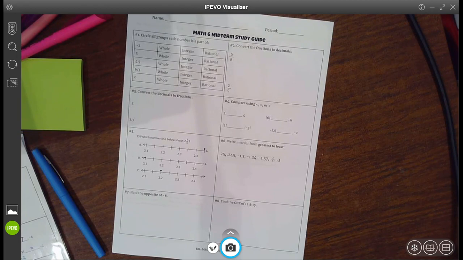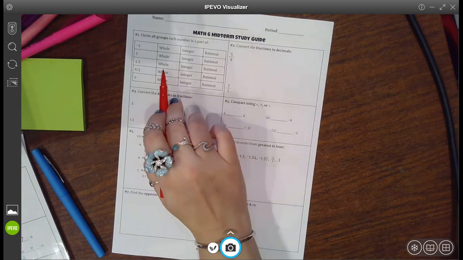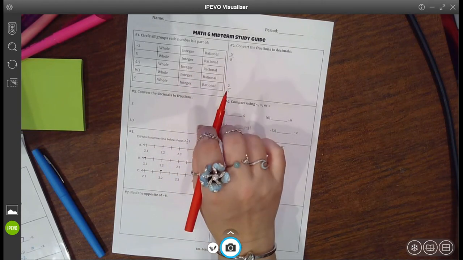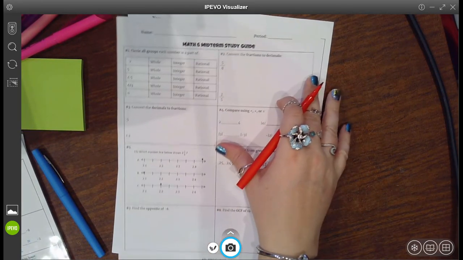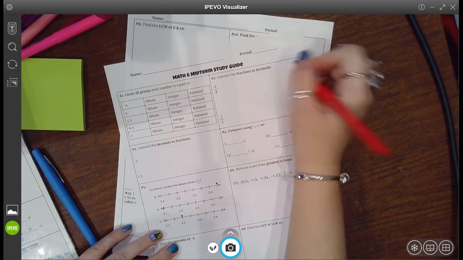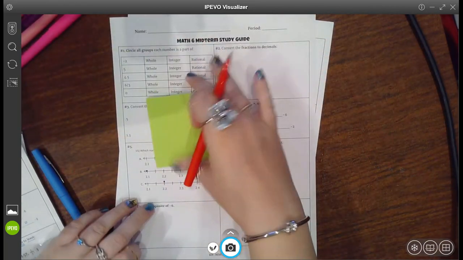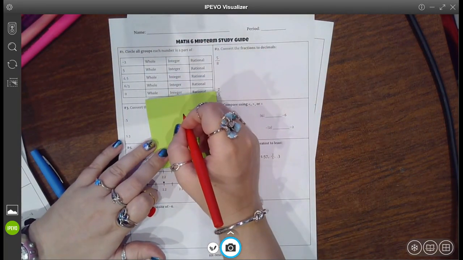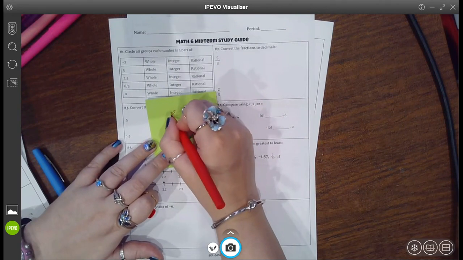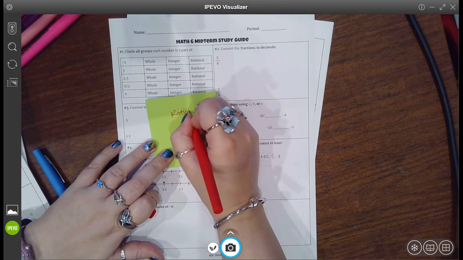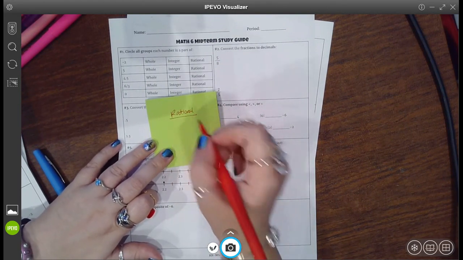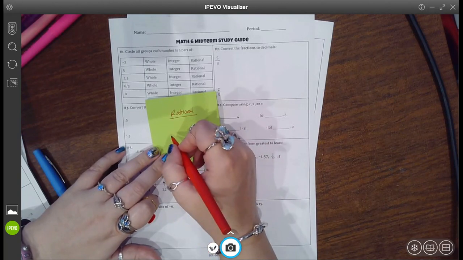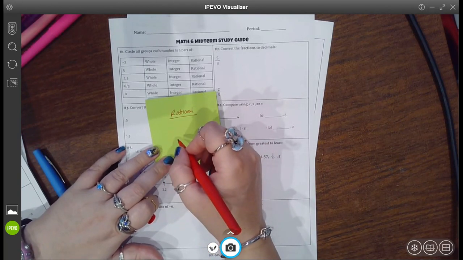So for the first one, it wants you to recognize which ones of these numbers are whole, integer, and rational. Okay, so if you remember, I'm going to do it on this sticky note. All the numbers that we deal with for sixth grade are rational, and within that, they break down into other groups.